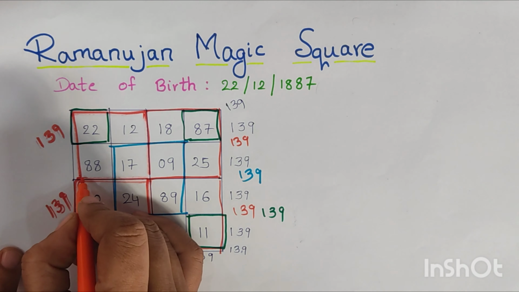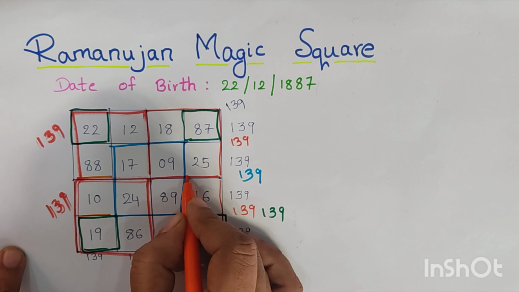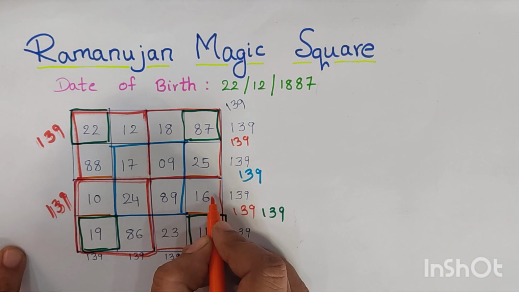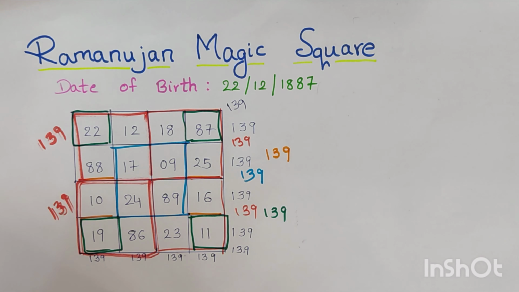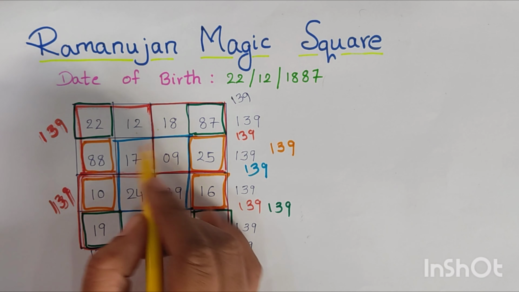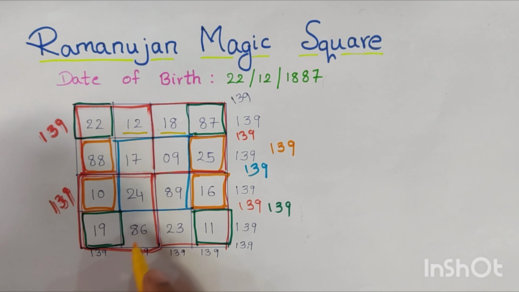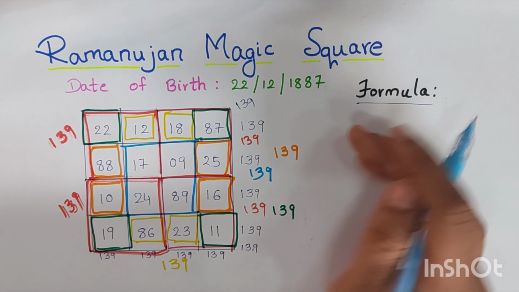And the sides, that is the left side middle 2 boxes and right side middle 2 boxes, that sum will also be 139. Also the upper side 2 middle boxes and lower side 2 middle boxes, that sum will also be 139.